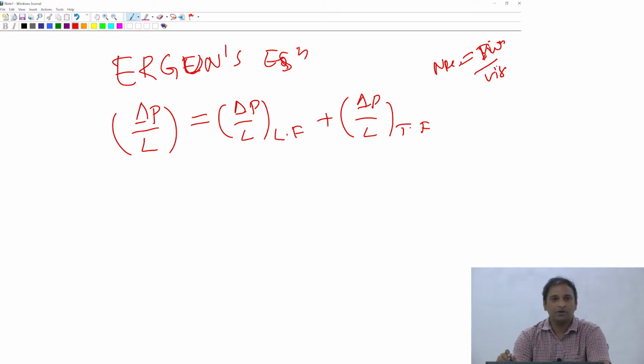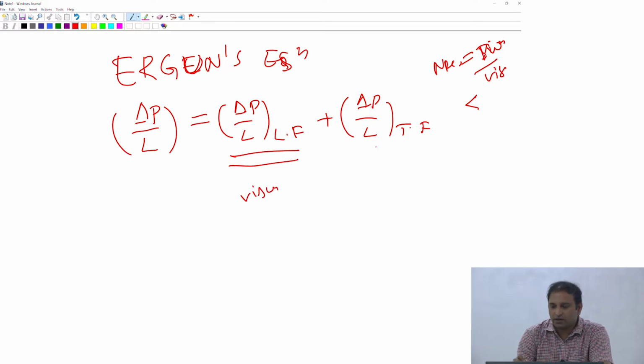The pressure drop when the Reynolds number is lower is dictated more by the viscous term, and at high Reynolds number it is dictated by the inertia term. So all he did was club the Kozeny-Carman equation and the Burke-Plummer equation, and he said that if you are interested in the pressure drop per unit length for the entire regime of flow, all you have to do is sum up these two equations.